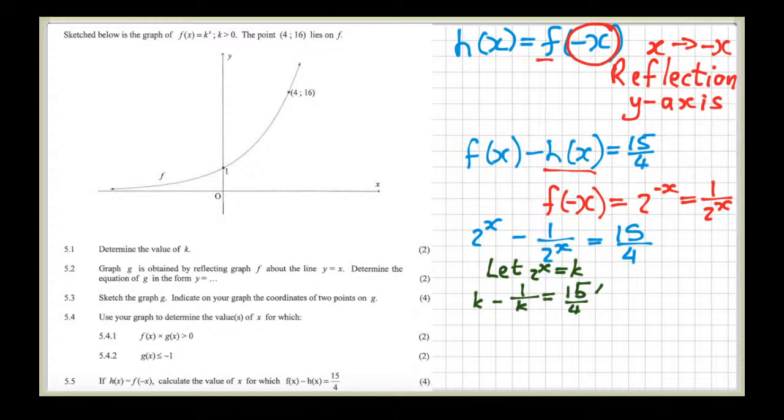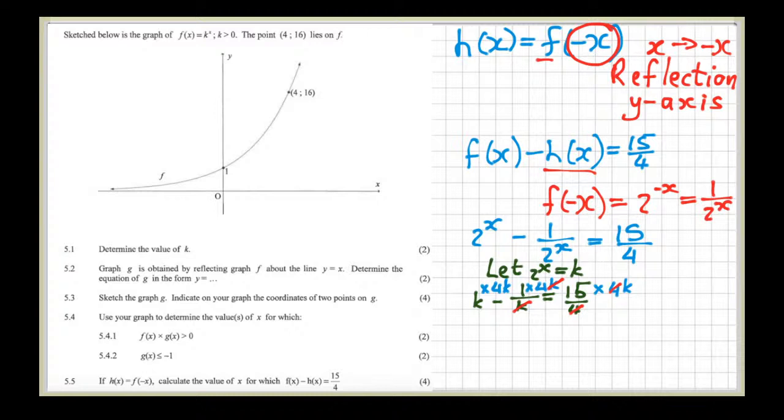So I'm going to get rid of my fractions by multiplying by the LCD. Let me do it in a different color for you. I'm going to times by 4k, which is my LCD, and I'm going to times everything by 4k. So in other words, k divided by k is 1, 4 divided by 4 is 1.